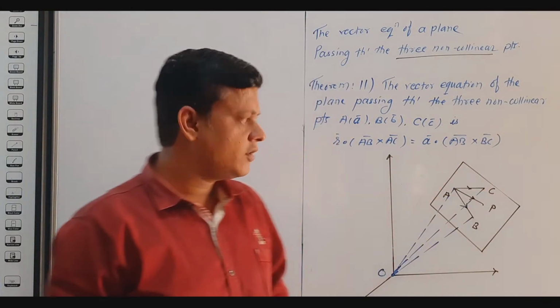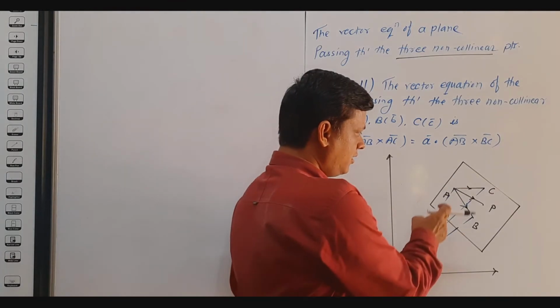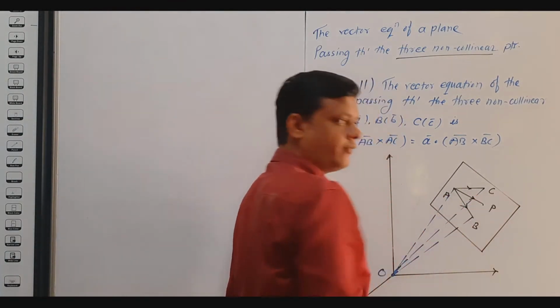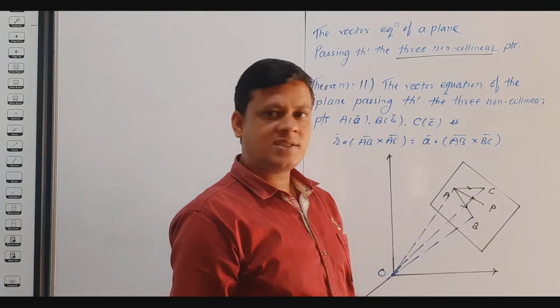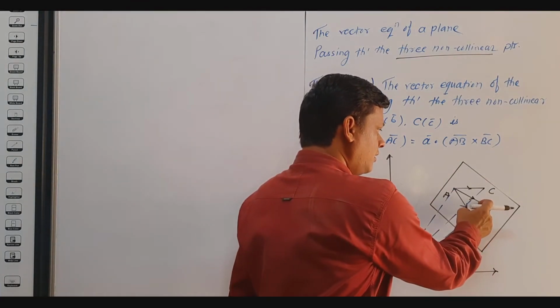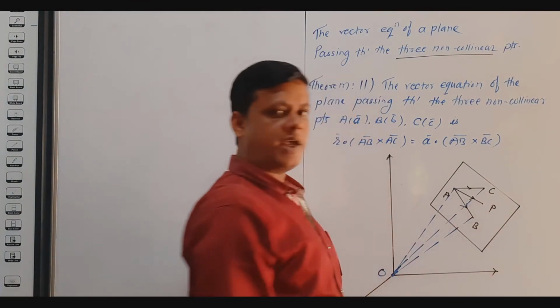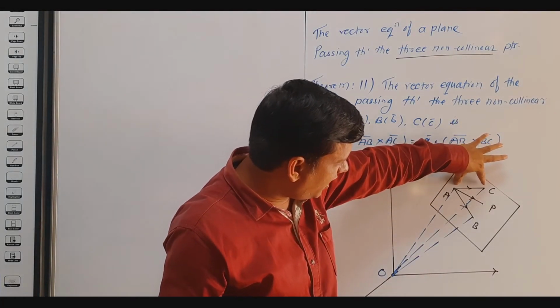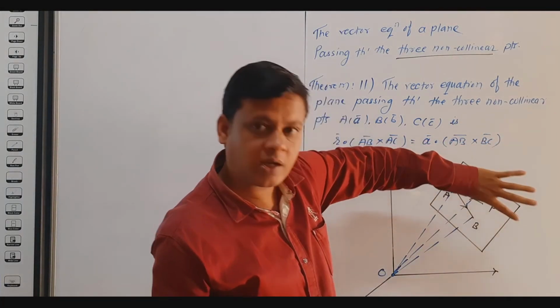So here we consider point A, point B, point C. These three points are non-collinear points. We consider one more point, that is any point P. So we consider vector AC, vector AP, vector AB.